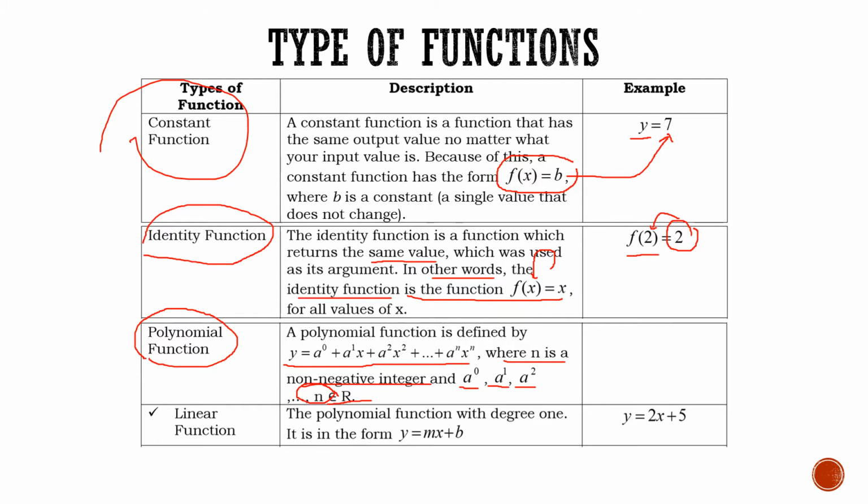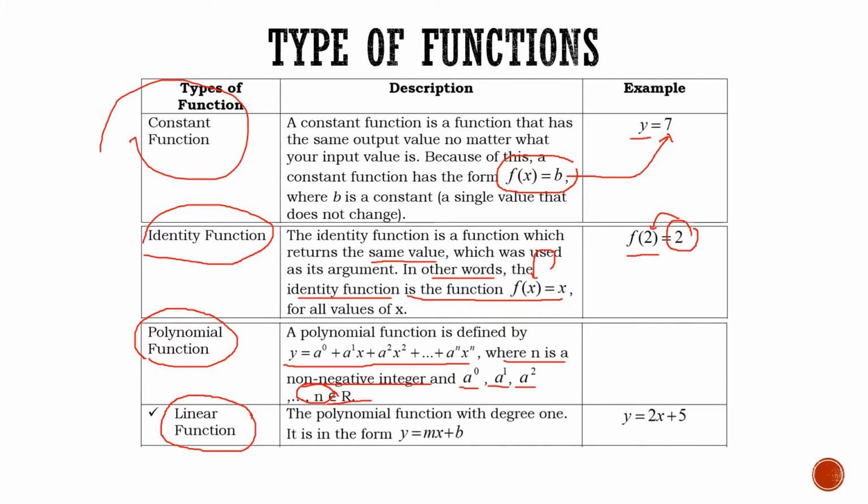So it is a positive, positive real numbers, which start from 0 to positive infinity. So the first example of your polynomial function is your linear function. The polynomial function with degree 1.